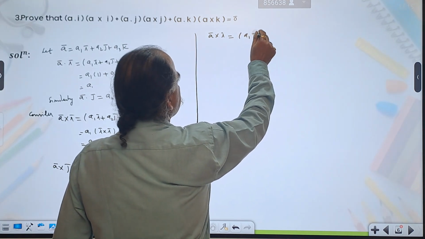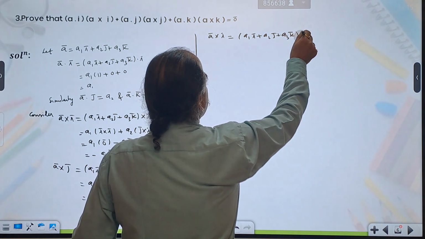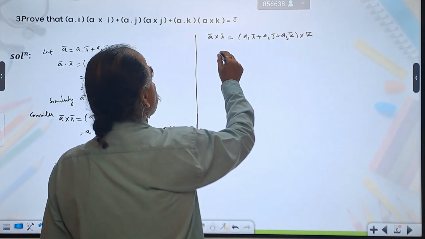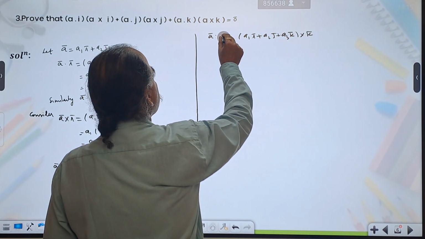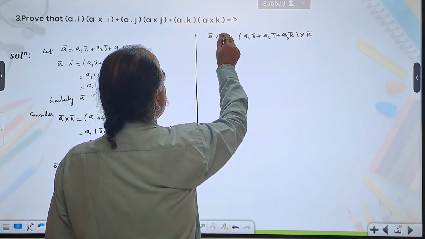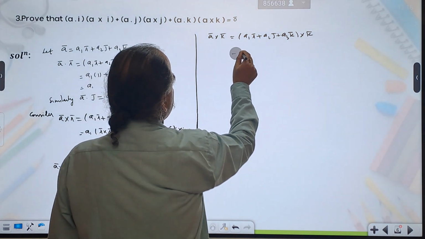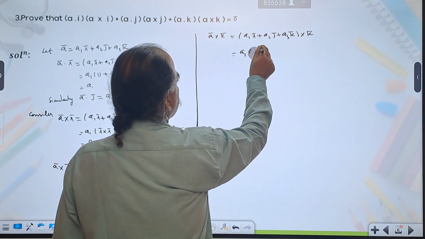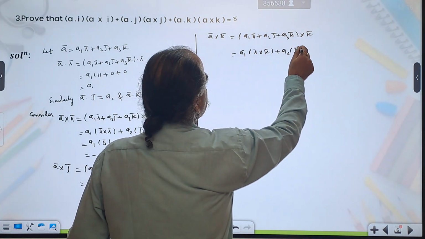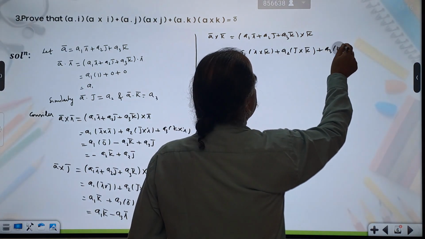Now we'll find out a cross k. A1 i plus A2 j plus A3 k cross k bar. A1 (i cross k), A2 (j cross k) plus A3 (k cross k).